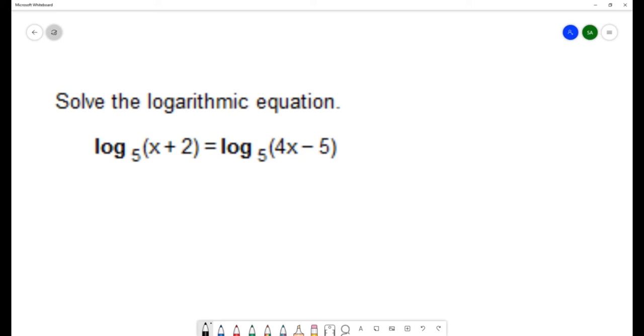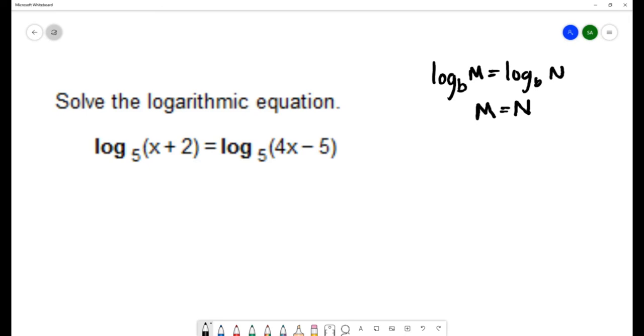So this is what it looks like. When you have log base b of m equals log base b of n, so a log with the same base on both sides, you can simplify your equation saying that what's inside the log on the left is equal to what's inside the log on the right. So that's what we're going to do in this example.